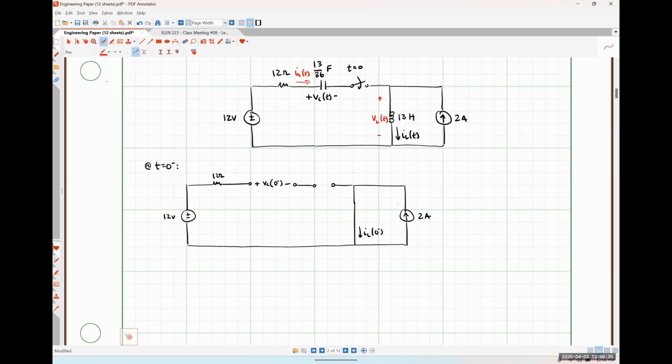And this is our inductor voltage at 0 minus. And this is our inductor current, excuse me, capacitor current at 0 minus.